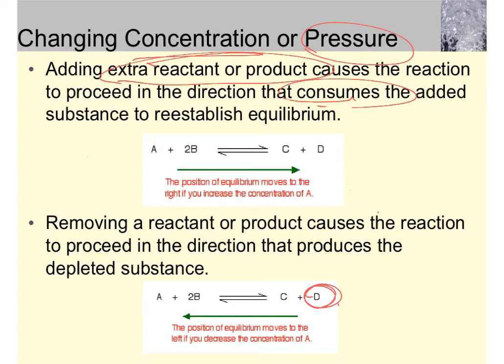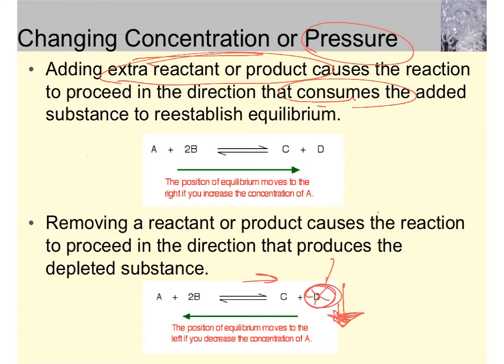If I remove one of the products, D, that's going to disrupt the equilibrium, right? It's going to make the numerator not have enough value, right? Products are in the numerator. So which way will the reaction shift in order to compensate for reduced concentration of D? It'll shift to the right to make more D. Remember, it tries to do the opposite of whatever was done to disturb it.